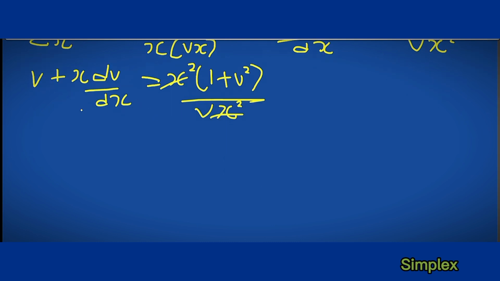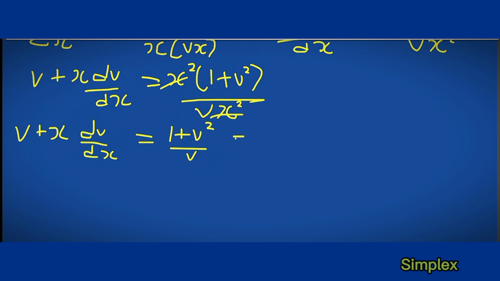Taking v over to the other side, we have x dv/dx is equal to (1 plus v squared) over v, minus v.